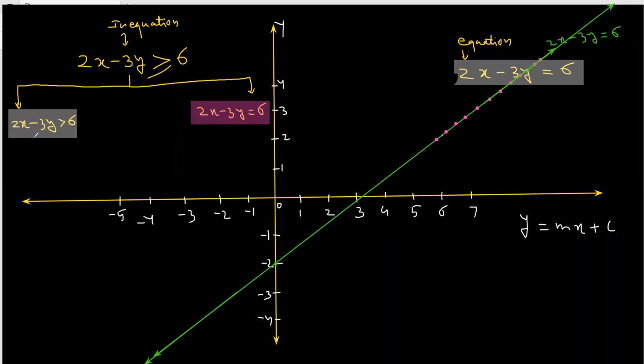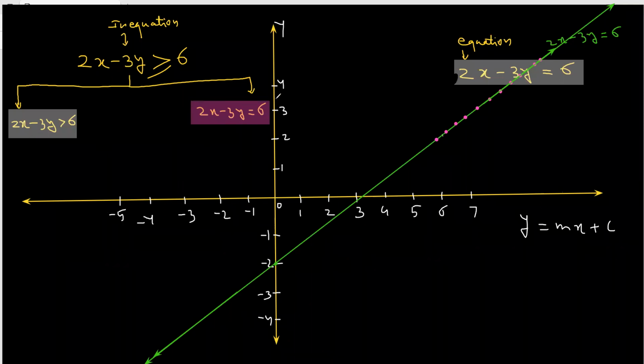So when I have here 2x minus 3y greater than or equal to 6, remember in this we have two regions. One is the set of points on the line itself, and the second is one of the half planes.